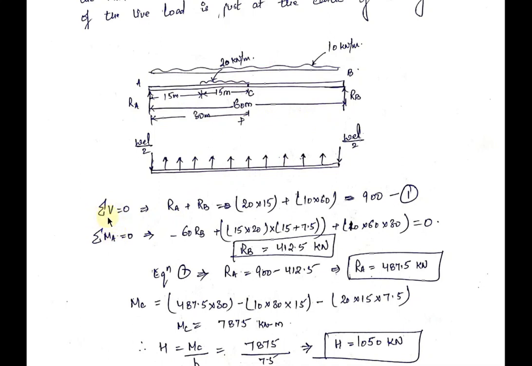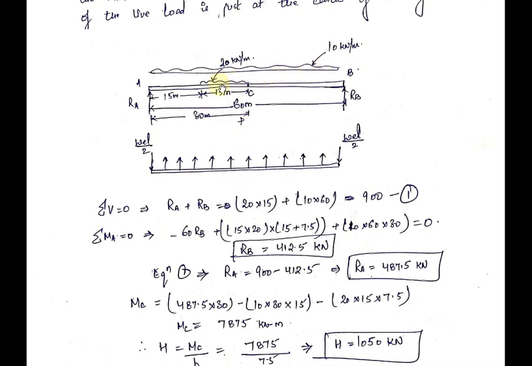So first apply summation of all the vertical forces equal to 0. It means total upward force is equal to total downward force. So Ra plus Rb is the total upward force, and the total downward force is from the loads. There are two types of UDL, dead load and live load, so convert them into force: UDL into the length.